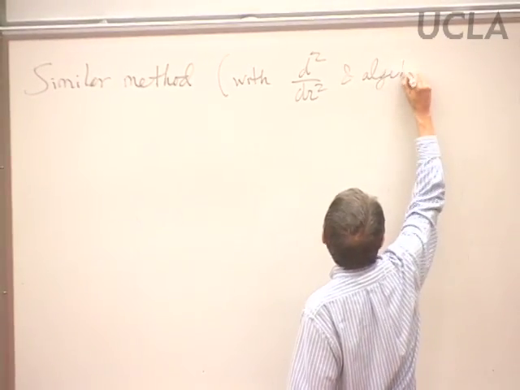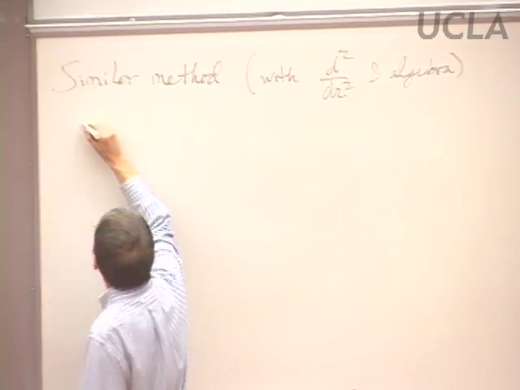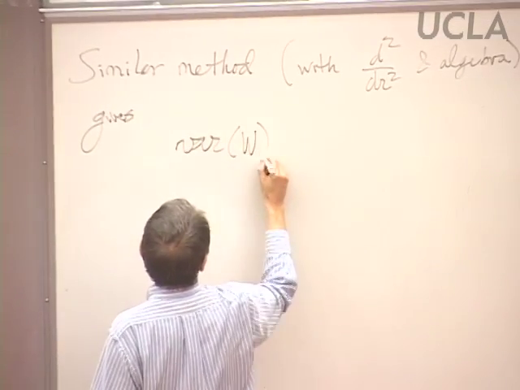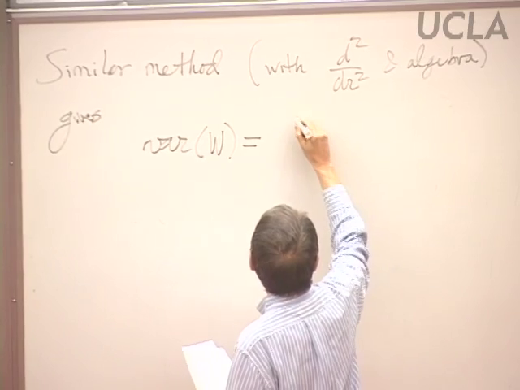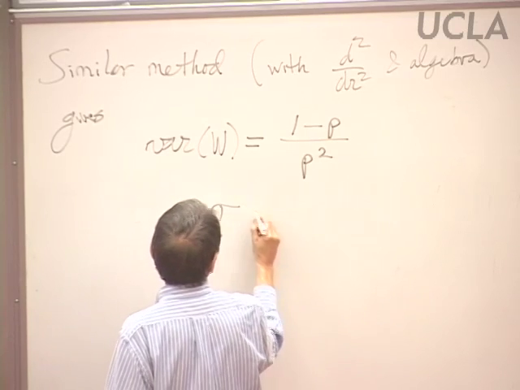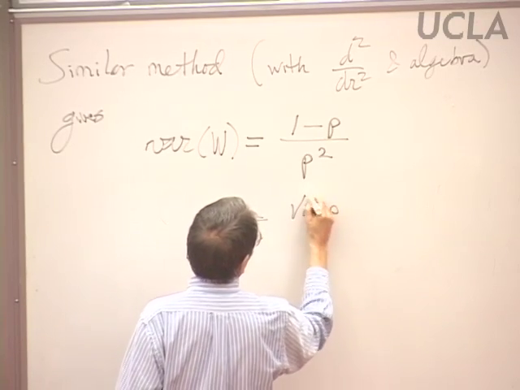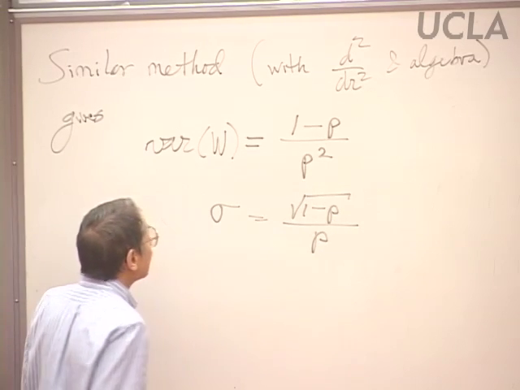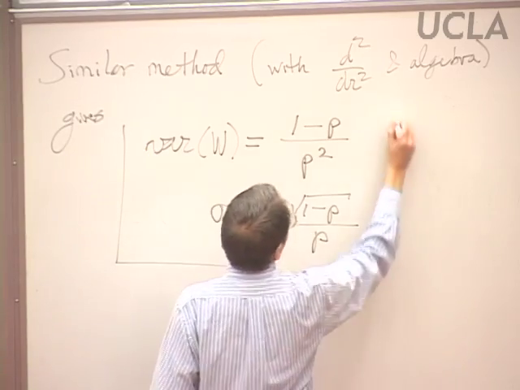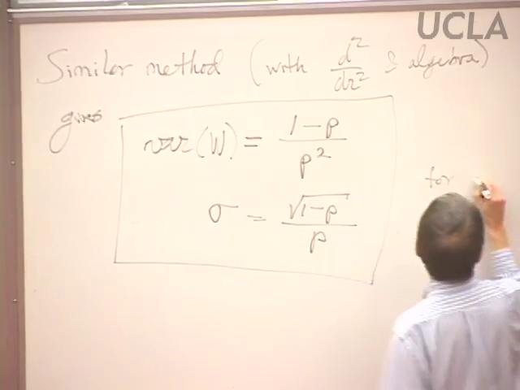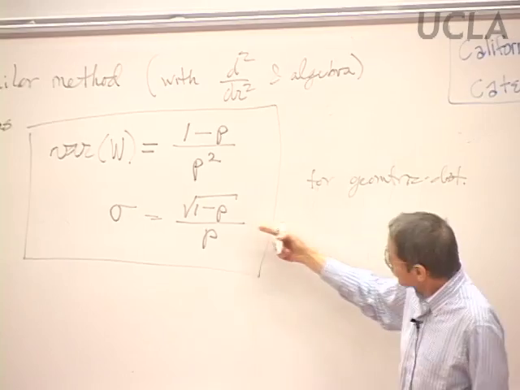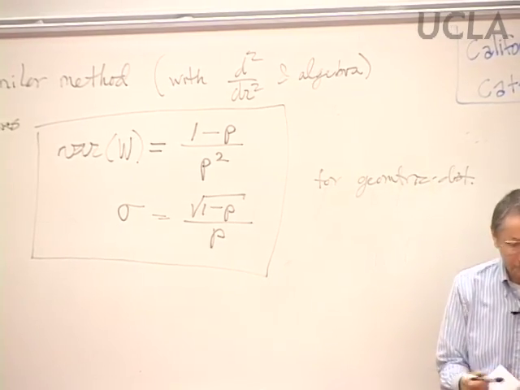And a bunch of algebra gives the variance: 1 minus p over p squared. So the standard deviation comes from knowing the variance. So the geometric distribution has this standard deviation.